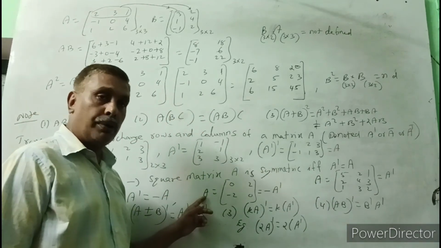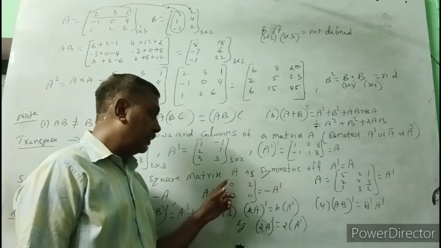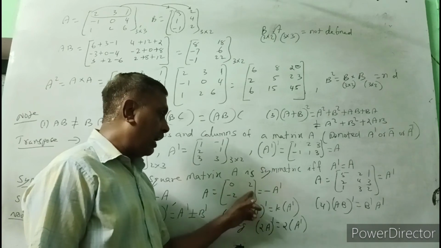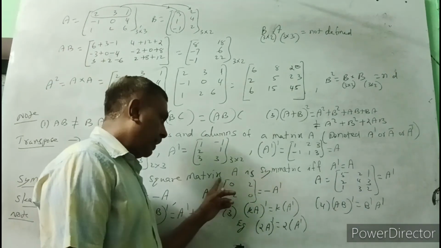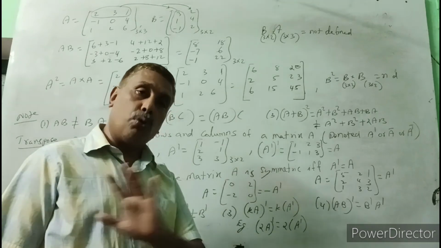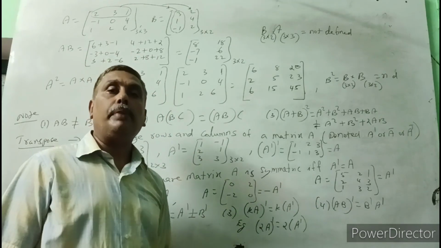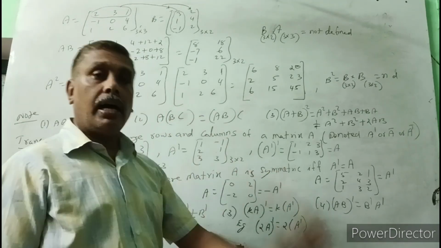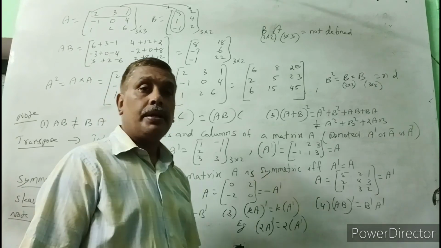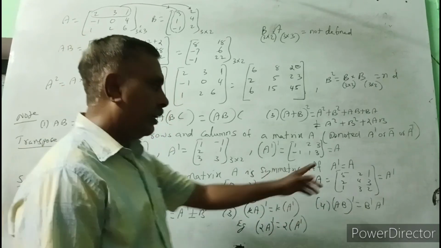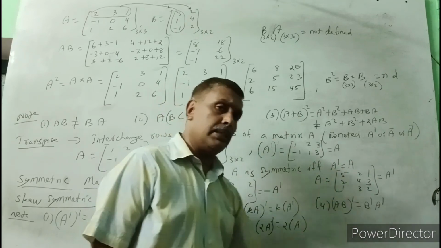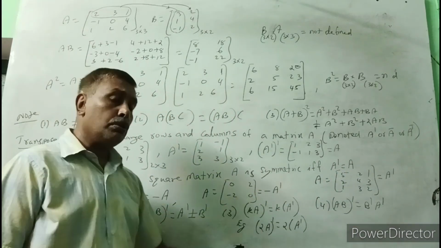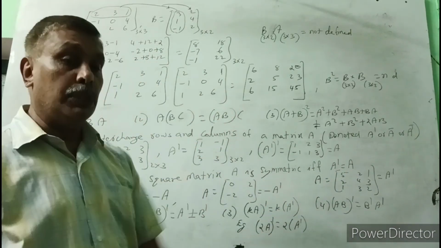Both of these must be square matrices, and diagonal elements of a skew symmetric matrix are always 0. If any one of the diagonal elements is not 0, never is that matrix a skew symmetric matrix. No such property is there in a symmetric matrix, where diagonal elements can be anything, but in a skew symmetric matrix, diagonal elements must be 0.